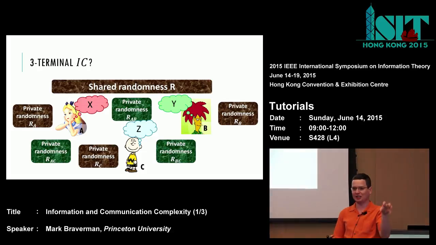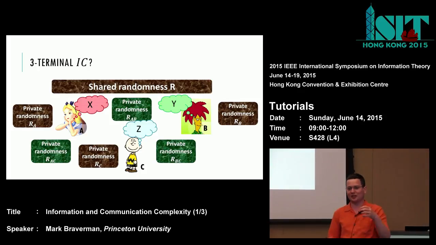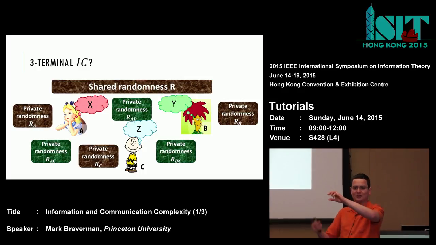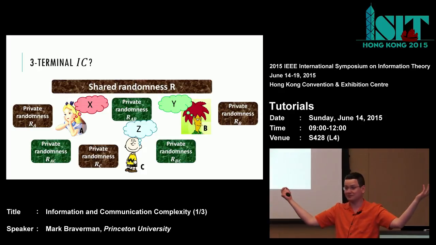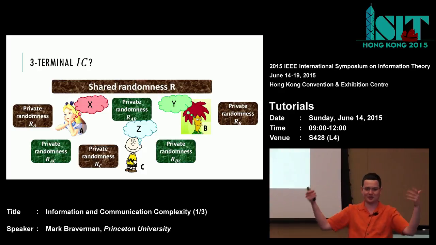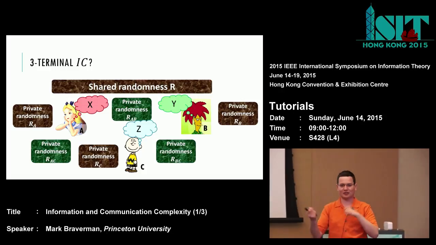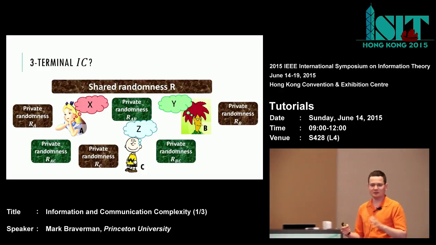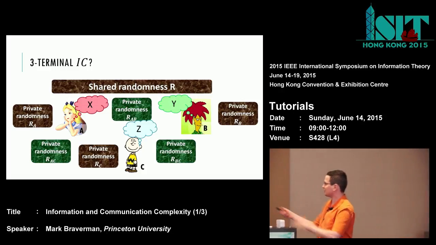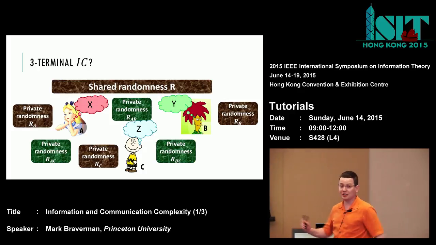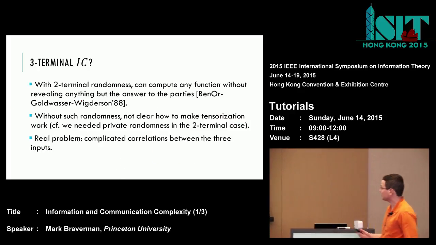Private randomness is strictly better than public randomness, because Alice can take some of her private randomness and send it to Bob, and now they can use it as public randomness, and that costs us nothing because it reveals nothing about the inputs. It's a free operation. So the short answer is that for communication, it's enough to only use shared randomness.